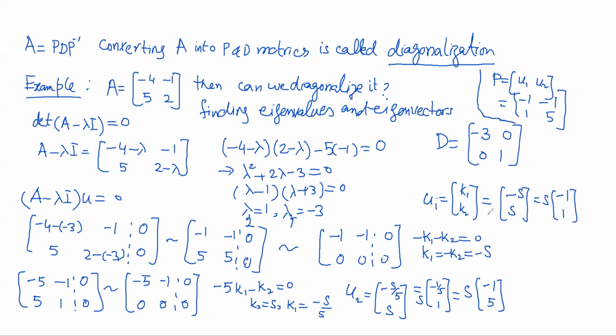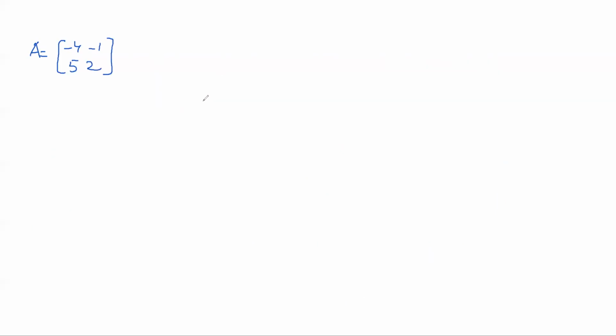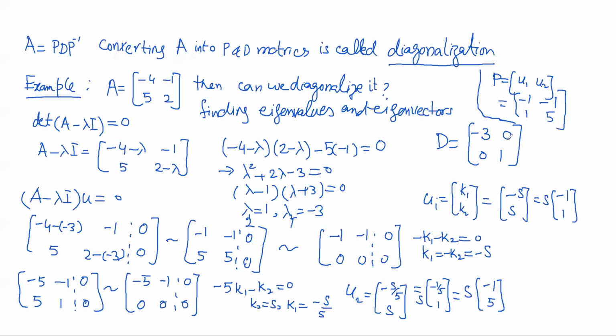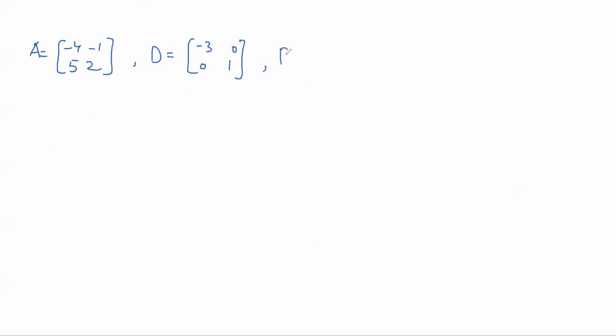D was minus 3, 0, 0, 1. And then P we found as minus 1, minus 1, 1, 5.